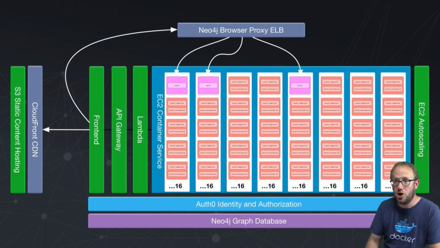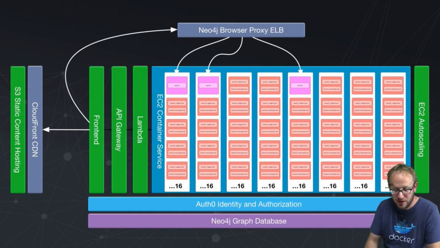We have fairly large machines, so you can get about 16 sandboxes per machine. Three of the machines will always also have the Neo4j proxy, the Nginx image, on them. It can scale out indefinitely. I think we have 20 or 30 physical machines right now.